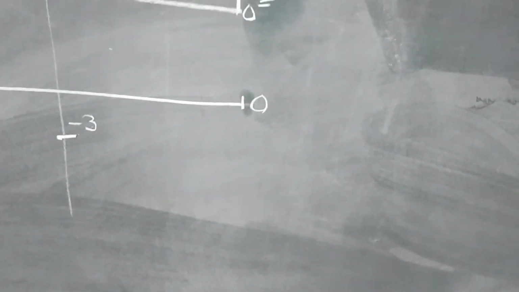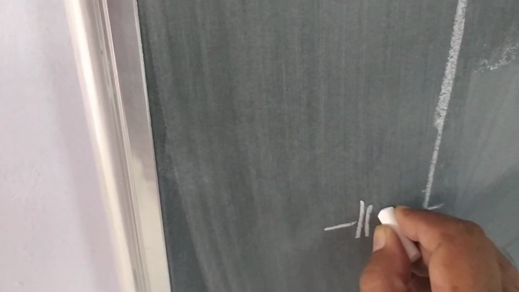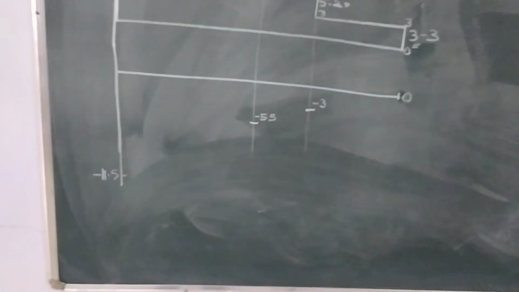At point D minus 3, just I am locating minus 3 here. At point C minus 5.5, so here minus 5.5, and at A minus 11.5. So we have located these 3 points.